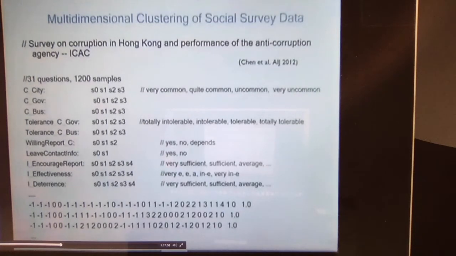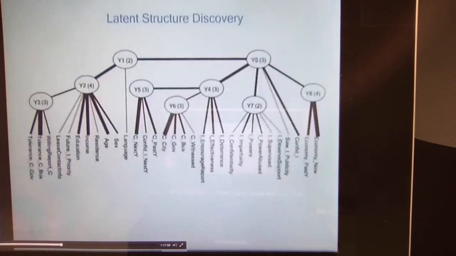So latent tree models have been used to analyze survey data from the Hong Kong Independent Commission Against Corruption, the ICAC, and this is actually a model from that analysis. This latent variable, which is introduced during data analysis, is obviously about demographic information, right?